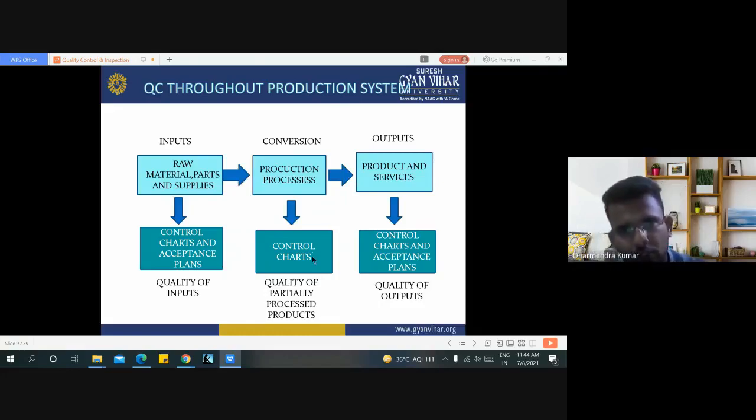Here, production control. In the production process, we examine and test the various processes and the various process parameters, like which type of cutting tool we are using, single point cutting tool or multi point cutting tool, and which machine performance is given during the manufacturing process.